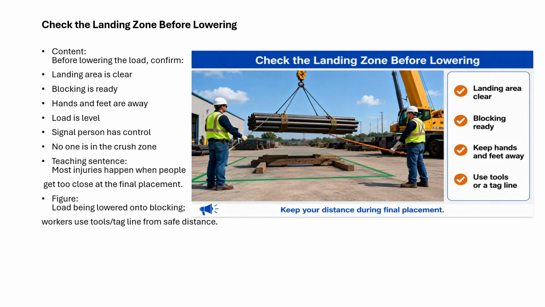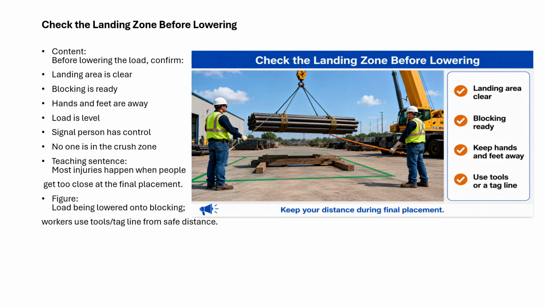Check the landing zone before lowering. Before lowering the load, confirm the landing area is clear. Here is a green square. The blocking is ready. Here the block is a wood block.